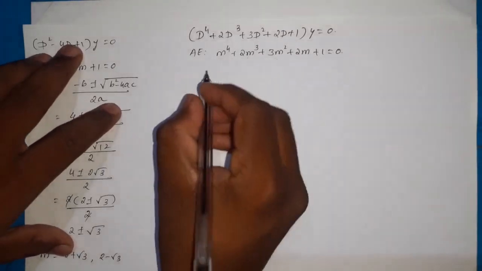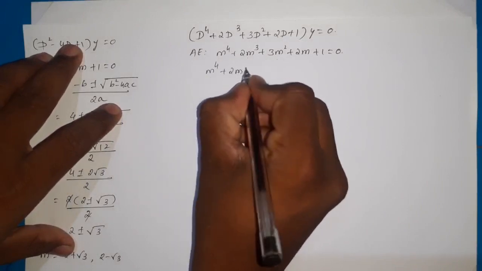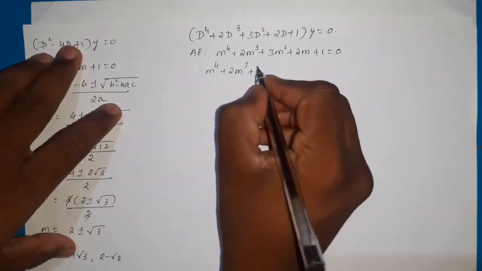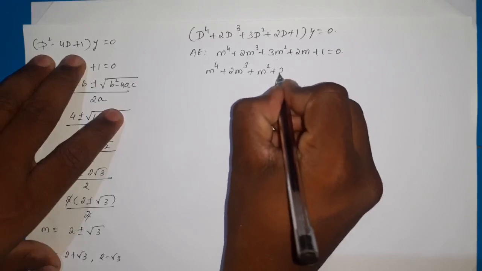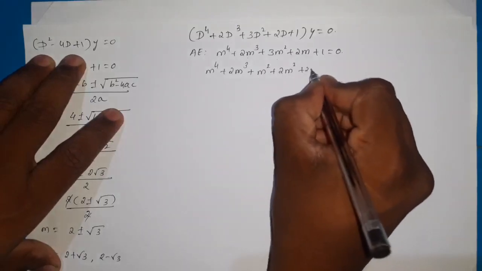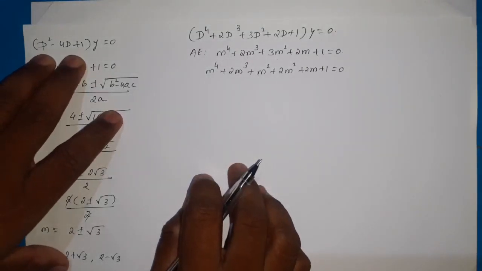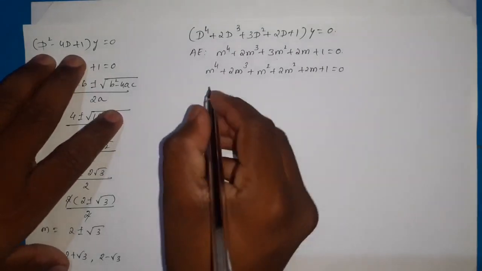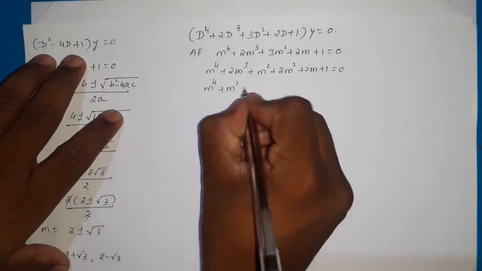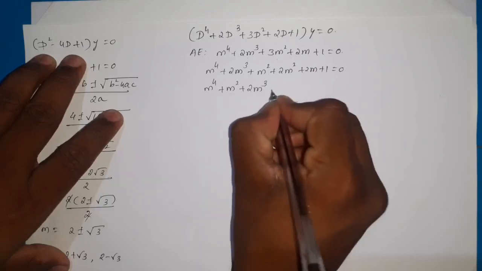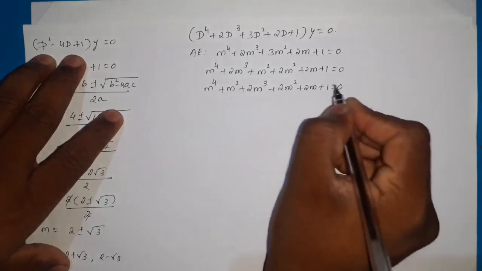Now the same equation can be written as m power 4 plus 2m cube plus, splitting this 3m square as m square plus 2m square, then plus 2m plus 1 equal to 0. Now again rearranging this, m power 4 plus m square plus 2m cube plus 2m square plus 2m plus 1 equal to 0.